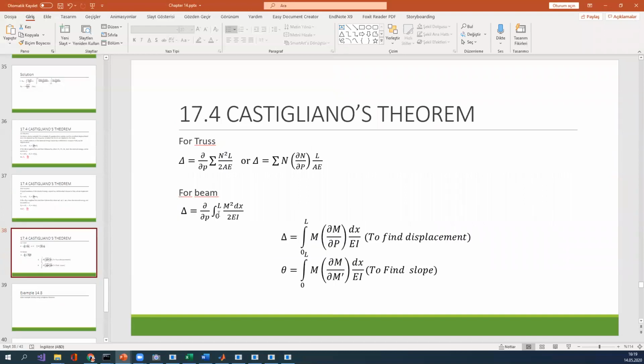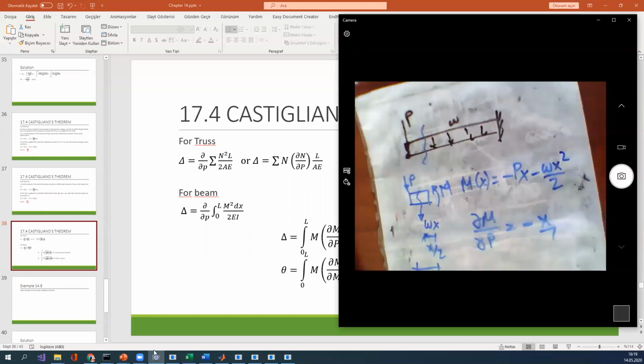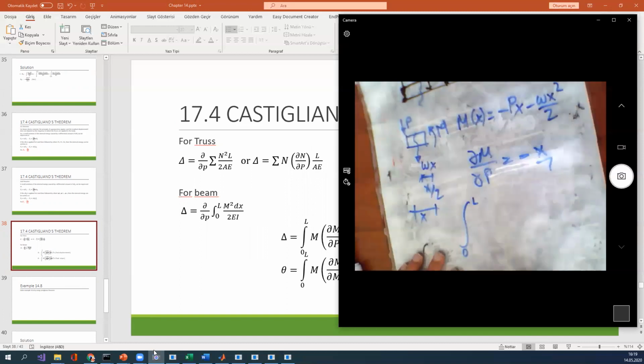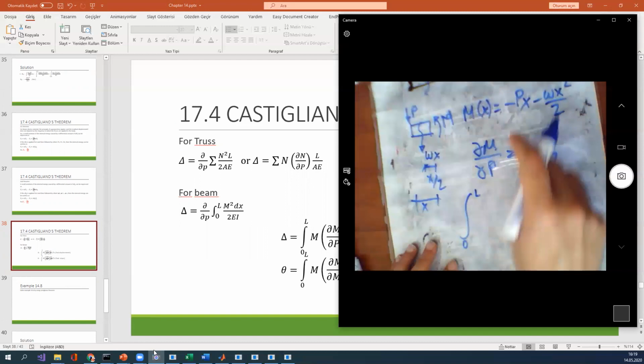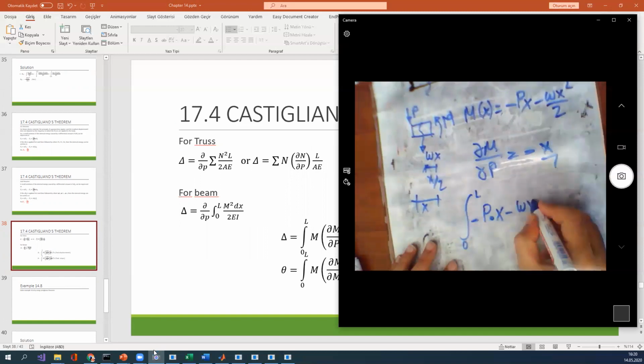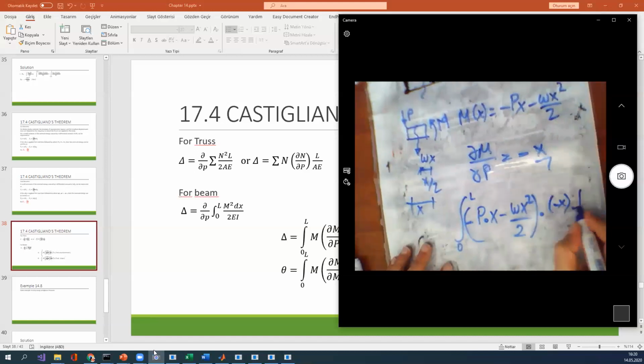So remember, in Castigliano's theorem, for beams, we will use the formulation integral of M times dM/dP over EI dx for finding displacement. I want to apply this from 0 to L. Where is the M? M is equal to minus P times x minus omega x squared over 2, multiplied by negative x divided by EI dx.